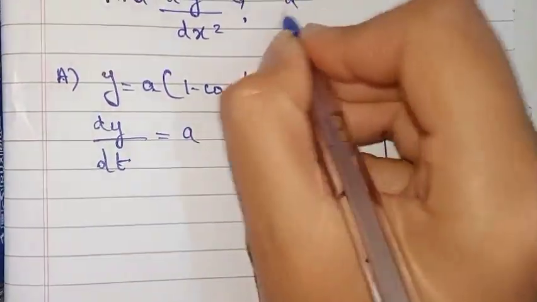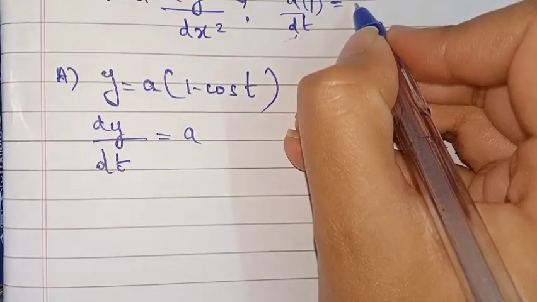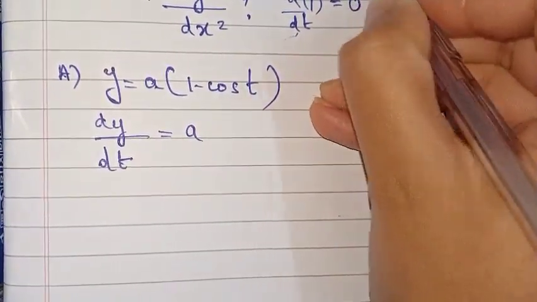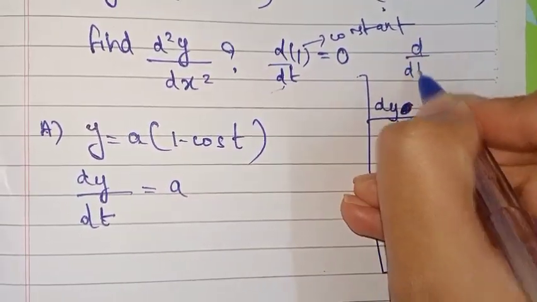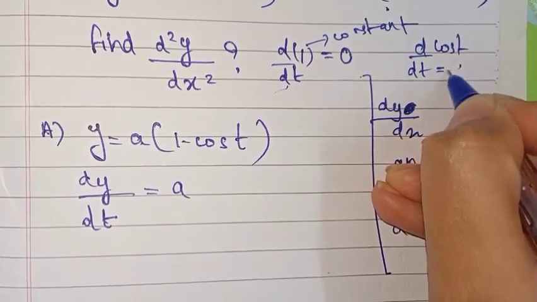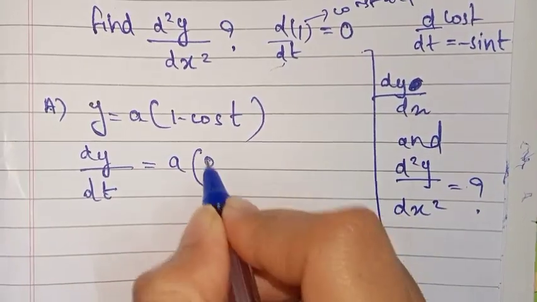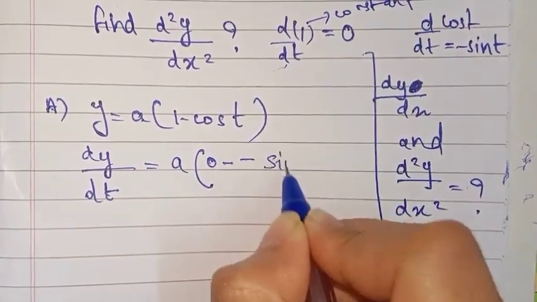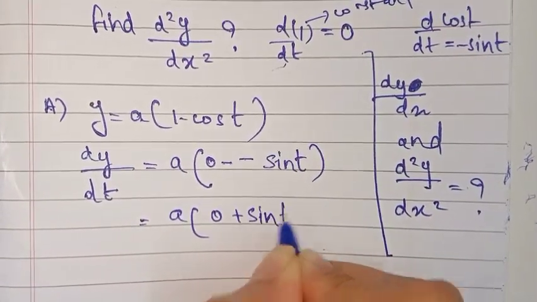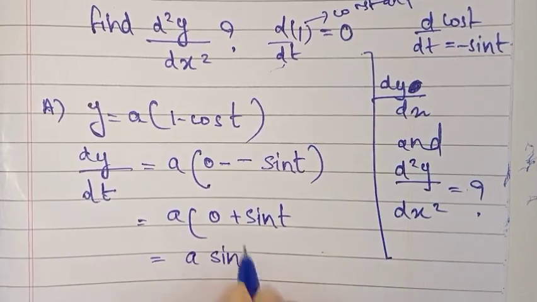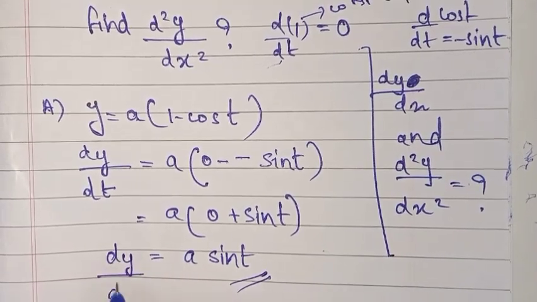So d by dt of 1 is equal to 0, since 1 is a constant, and d by dt of cos t is equal to minus sin t. So we write a into 0 minus sin t, which gives a into 0 plus sin t, which is equal to a sin t. So we get the value of dy by dt.